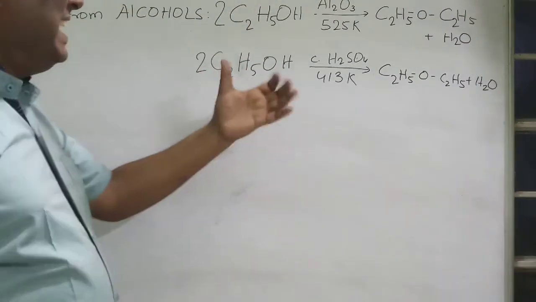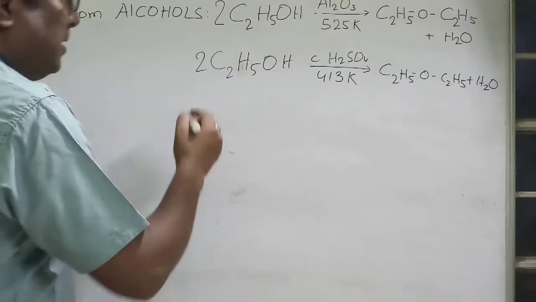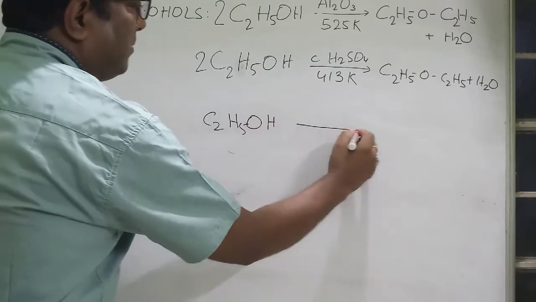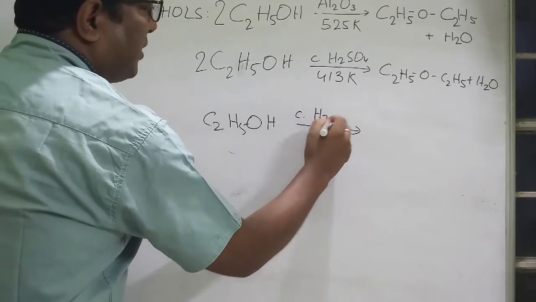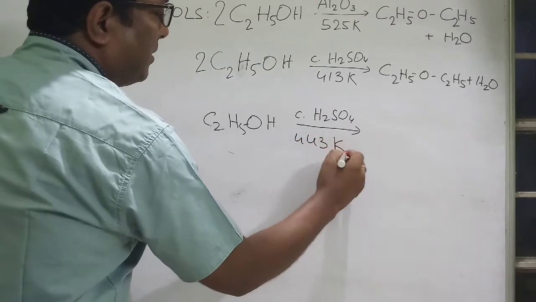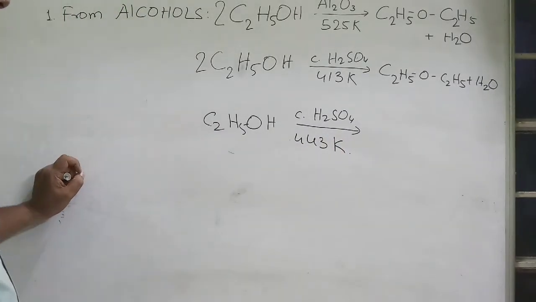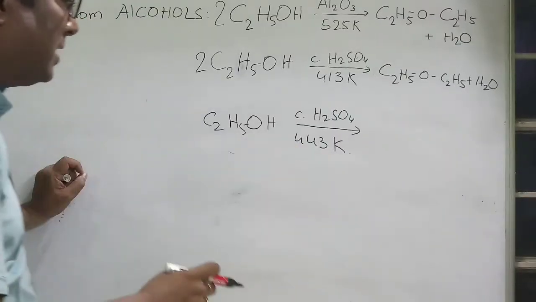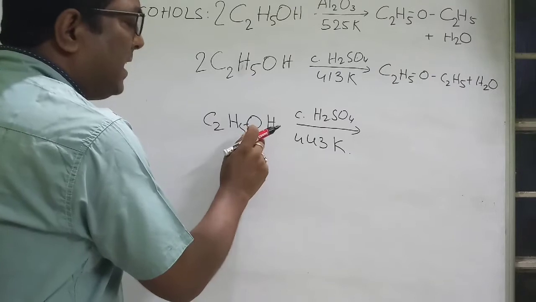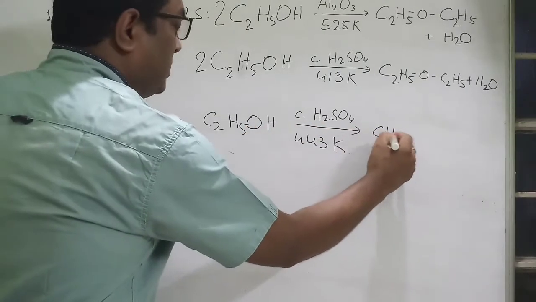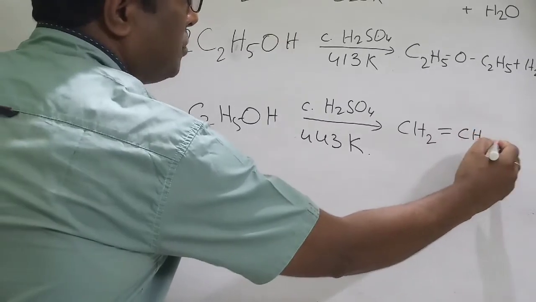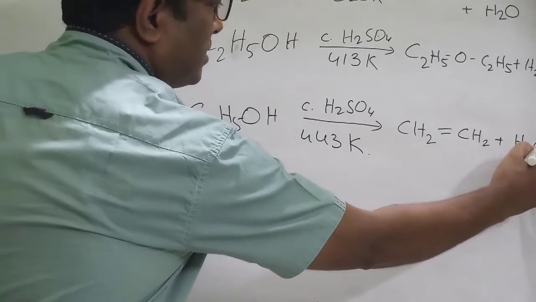Now see, if we change the temperature. C2H5OH and we give here concentrated sulfuric acid at a temperature of 443 Kelvin. So 443 Kelvin, if we give this temperature, what is the effect? The effect is very simple. They take out the water and it forms ethene, CH2 double bond CH2, with a loss of the water molecule.